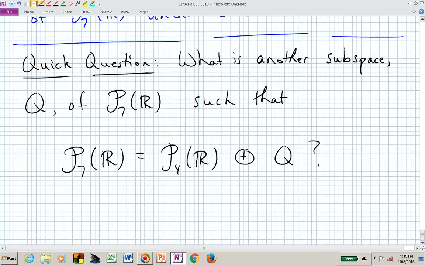We're looking for a subspace now, Q, that forms a direct sum decomposition with P4.